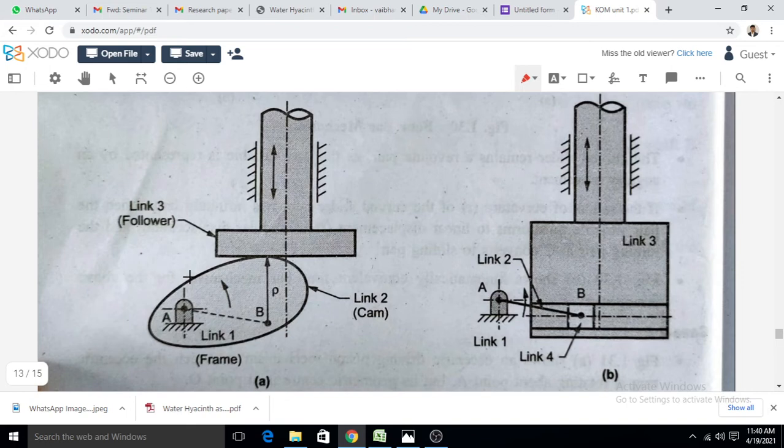See here, there is a cam and follower mechanism. This is the cam and this is the follower, and they form a higher pair.